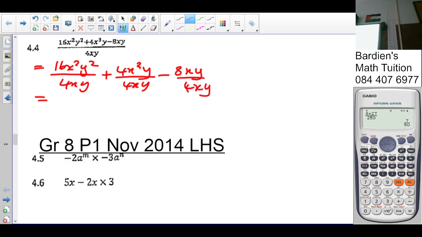So we're going to simplify here. 4 going to 4 once, 4 going to 16 4 times. So it's going to be 4x squared over x is x, y squared over y is y. Plus, the 4's cancel, the y's cancel. So it's going to be x cubed over x is going to give us x squared.